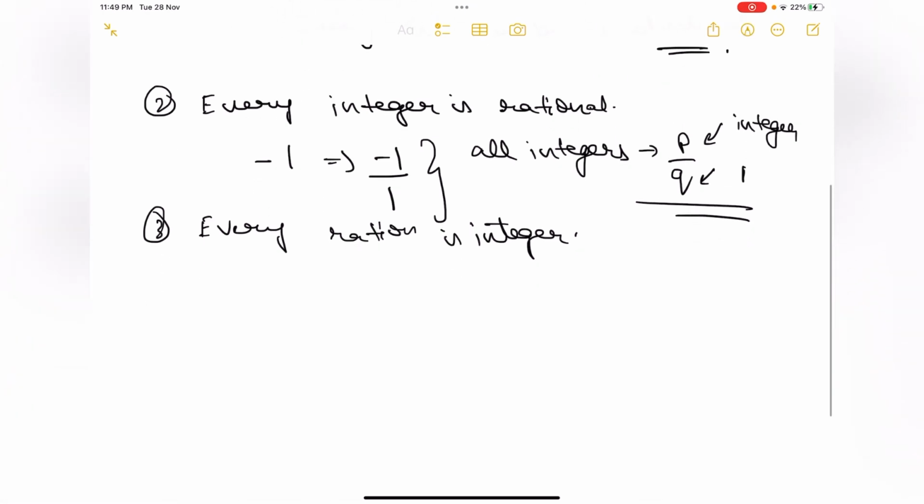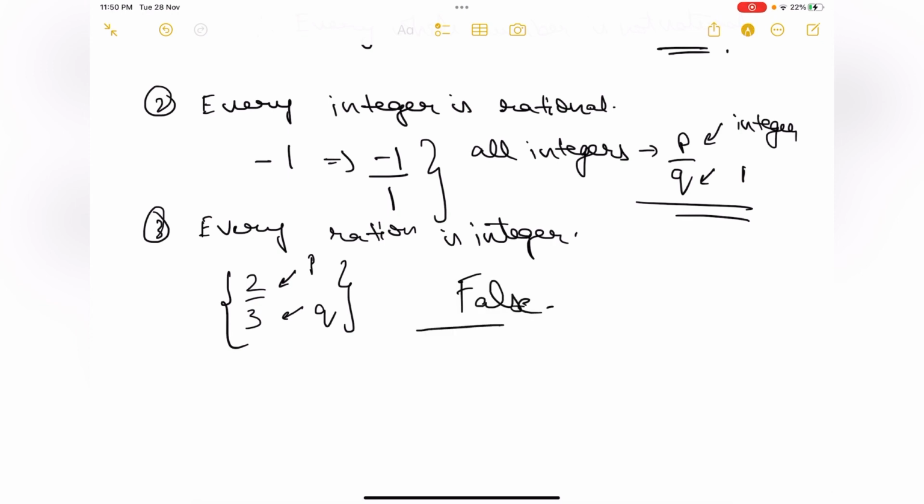Why? Because fractions that are already in their simplest forms, like 2 by 3, are not integers, they are just fractions. They can be represented in the form p by q, making them rational, but they're not integers, so this statement is false, right? So that is the first example.